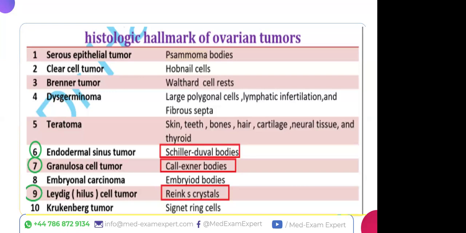In endodermal sinus tumor, the germ cell tumor of the ovary, Schiller-Duval bodies are there, Call-Exner bodies with granulosa cell tumor, and Reinke's crystals with Leydig Sertoli cell tumor, signet ring appearance cells in Krukenberg secondary malignant tumors.